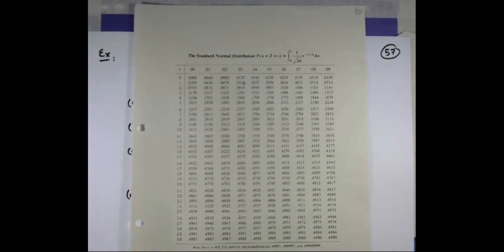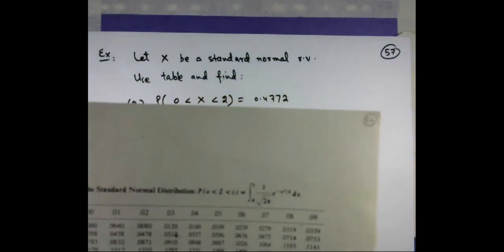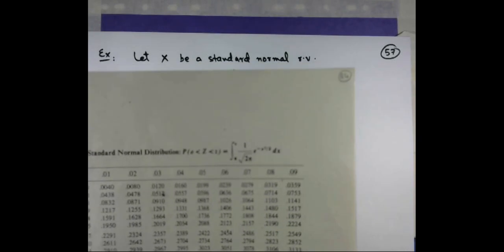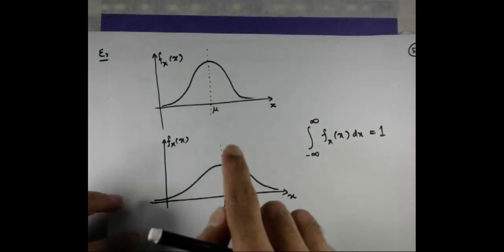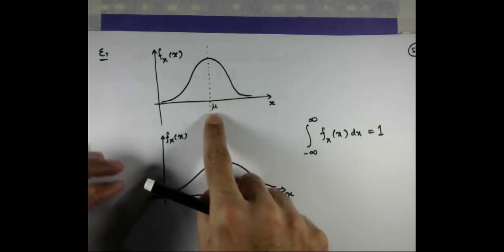It is symmetric, so only half of the interval is used. The rest of the distribution, which is the other half, is automatically known. So you see the total probability going from 0 to infinity will be just 0.5. The remaining 0.5 is on the other side of the distribution. So this table is effectively for a distribution something like this, where mean is equal to 0.